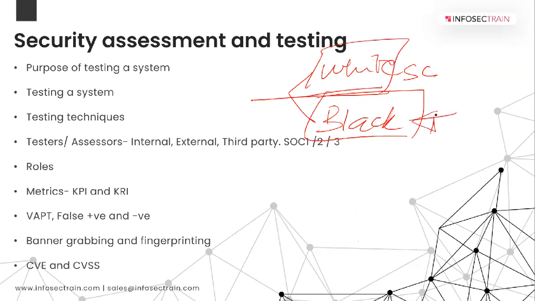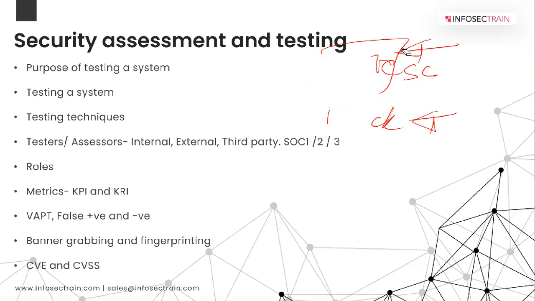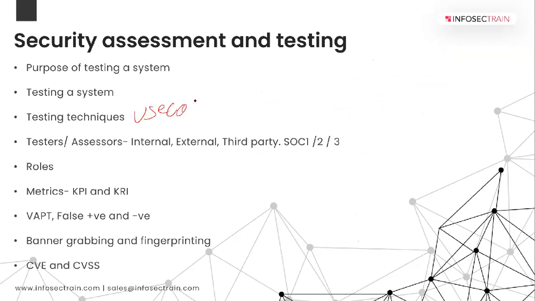During testing, if the tester knows about the source code, it will be called white box. And if the tester doesn't know about the source code, it will be called a black box condition. Then, based on use case, you can have positive, negative, or misuse case.